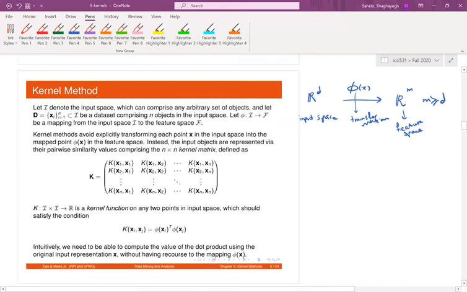But again, we said that working with high dimensional space is difficult, right? That's what we have said before. Additionally, sometimes transferring our data to this new high dimensional space is really expensive. So generation of phi of x for all of our x's is expensive.